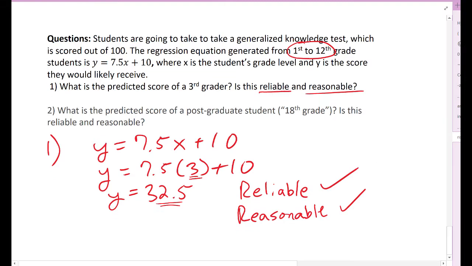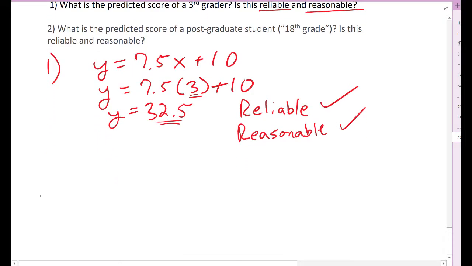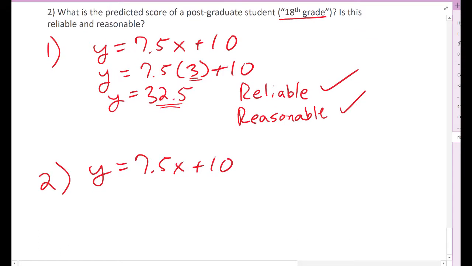Let's look at the second one. Maybe this will clear it up for you. The second question says, what is the predicted score of a post-grad student? That's a person in the 18th grade, so to speak. Let's calculate their score. y is 7.5x plus 10. It's the same best fit line, and we're going to plug in 18 for x and add 10 to it.